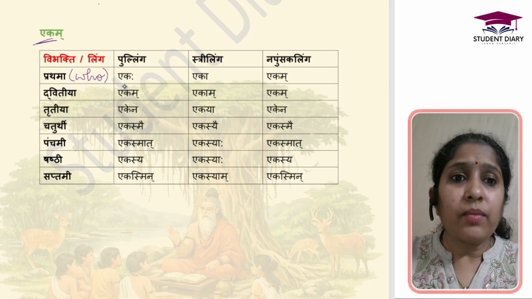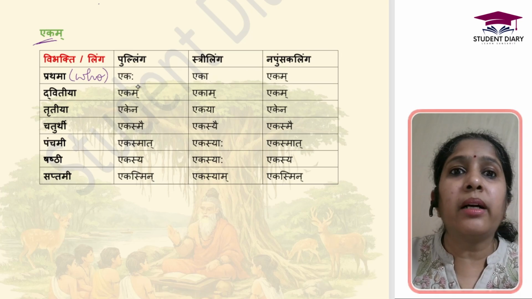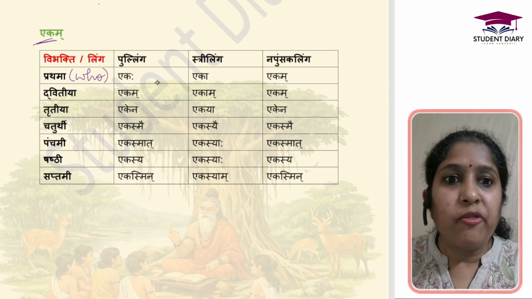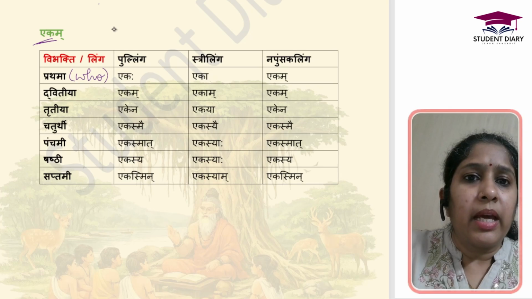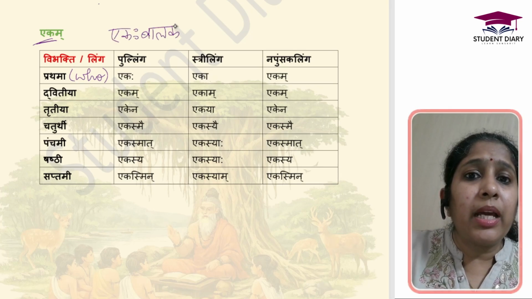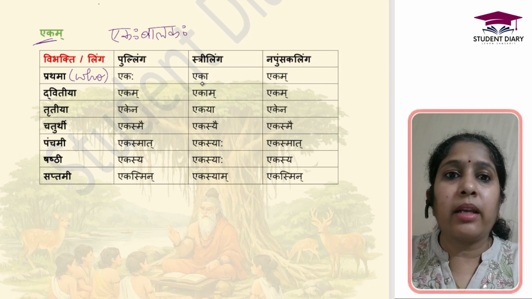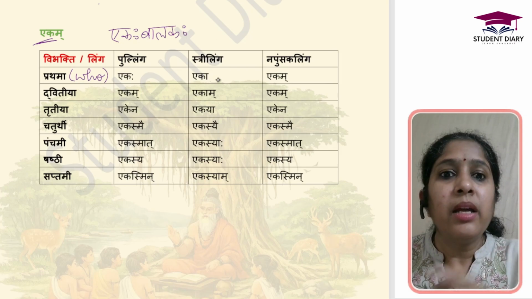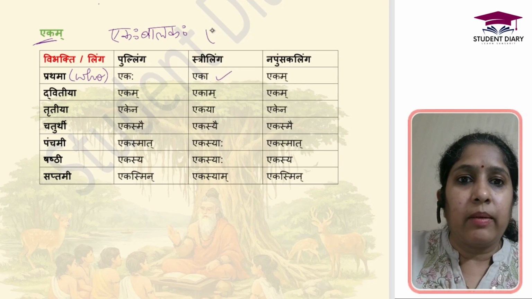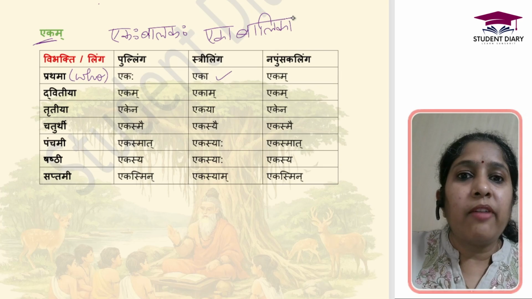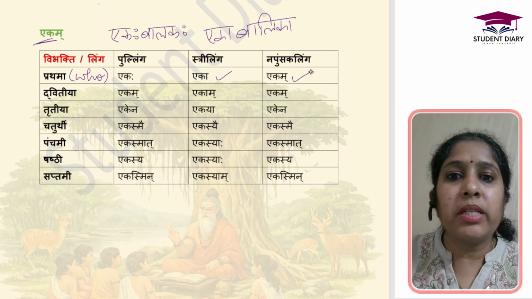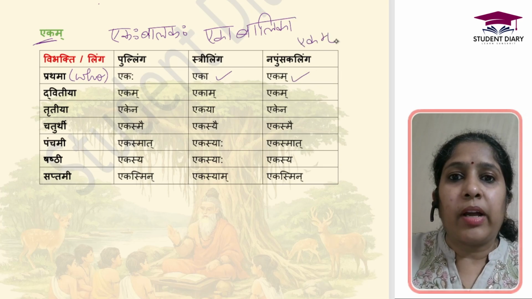Now if you want to say one boy, in Prathama vibhakti, it will be ekah balakah. Similarly, if you want to say one girl, you cannot say ekah balika, you will say eka balika. Similarly, if you want to say one fruit, you will say ekam phalam.